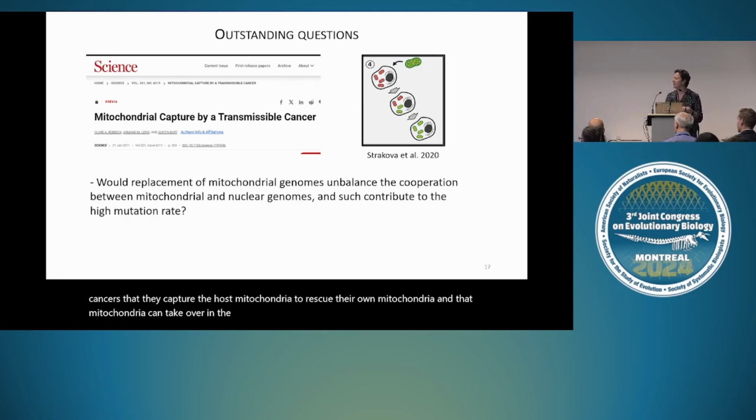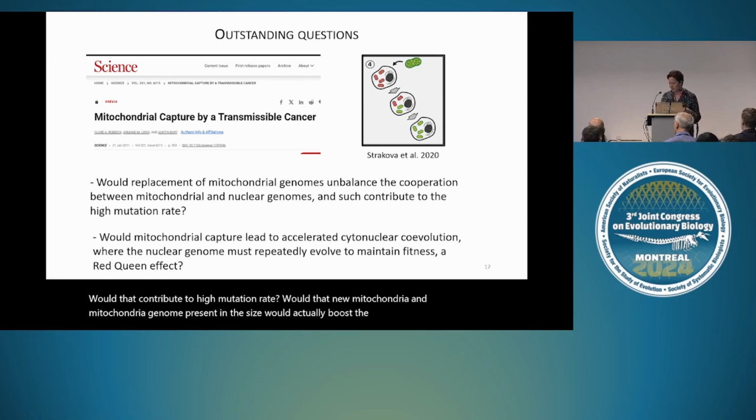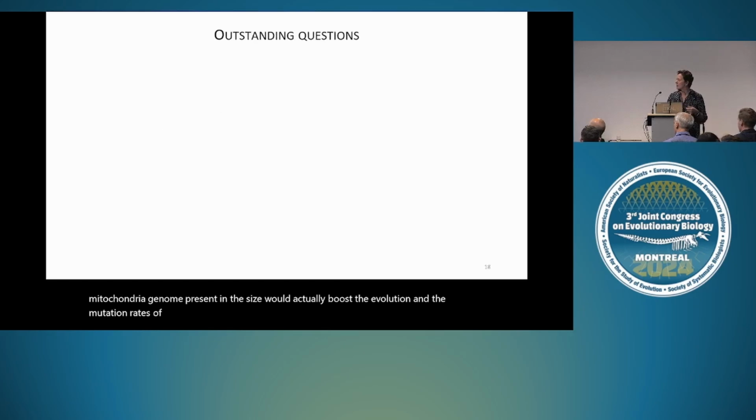If they do that, they will break down the cooperation between the nuclear and mitochondrial genomes. Would that contribute to a high mutation rate? Would the new mitochondria and mitochondrial genome present in the cells actually boost the evolution and the mutation rates of the nuclear genomes?